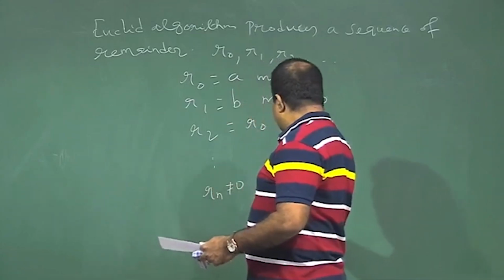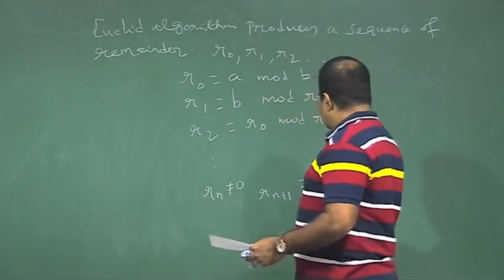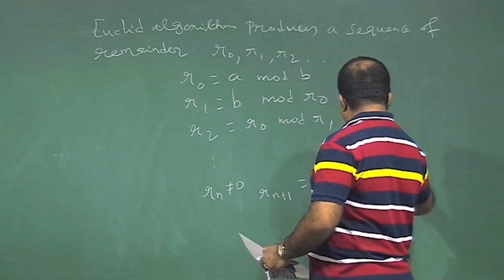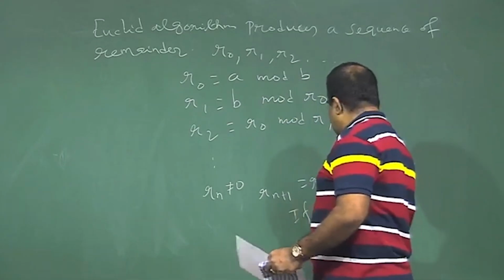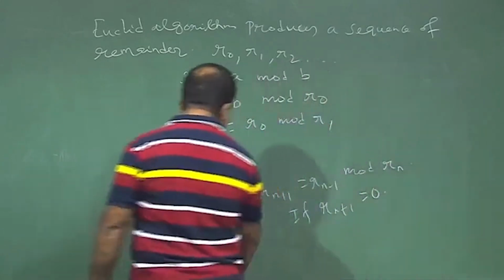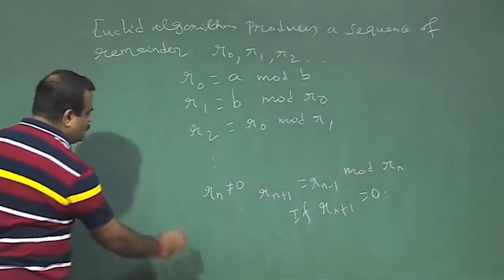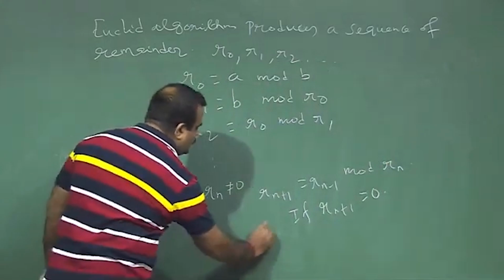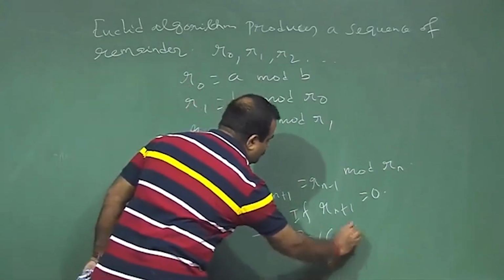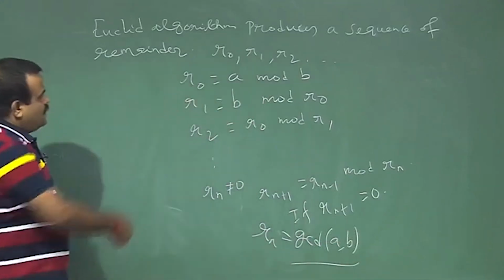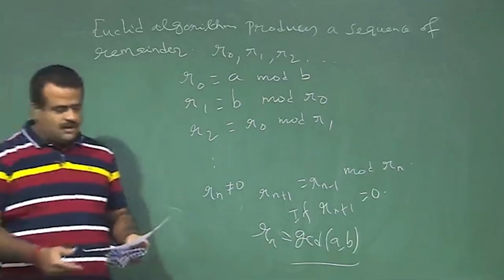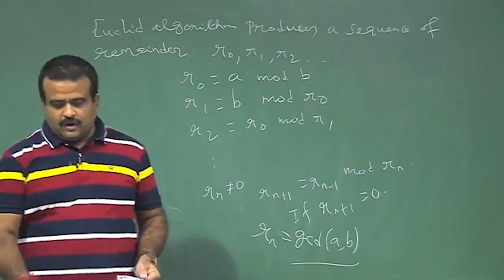Then Rn plus 1 is Rn minus 1 mod Rn. Now, if Rn plus 1 is 0, then this Rn is the GCD of A comma B. So this is the way we find the GCD using the Euclid algorithm based on the theorem.